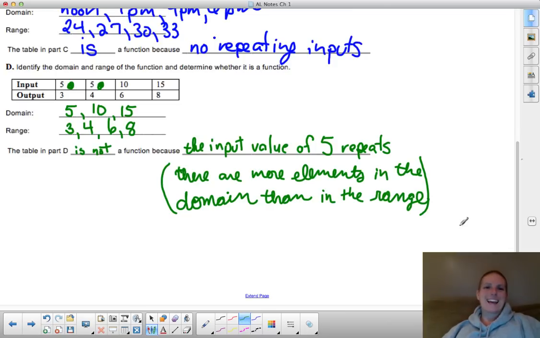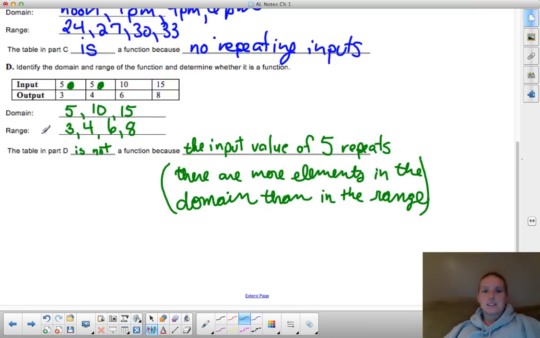Welcome back, and hopefully the first thing you noticed was this repeating value of 5. So when you wrote down your domain, check it out. Do you have 5, 5, 10, 15? If you listed that 5 twice, you didn't list your domain properly. We never write a value more than once when we write down domain and range.